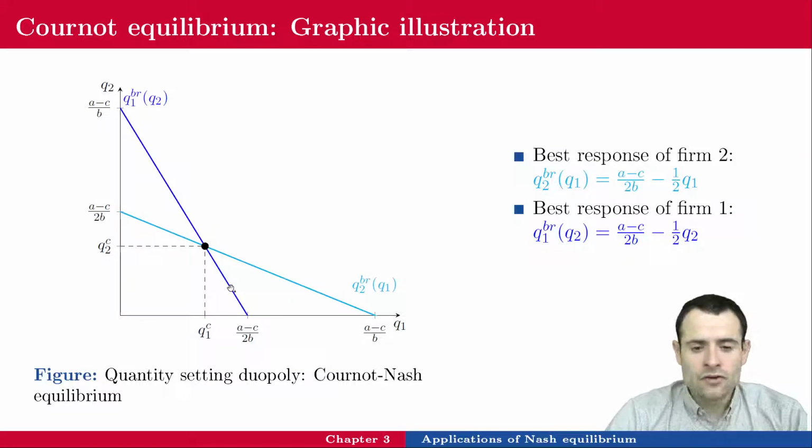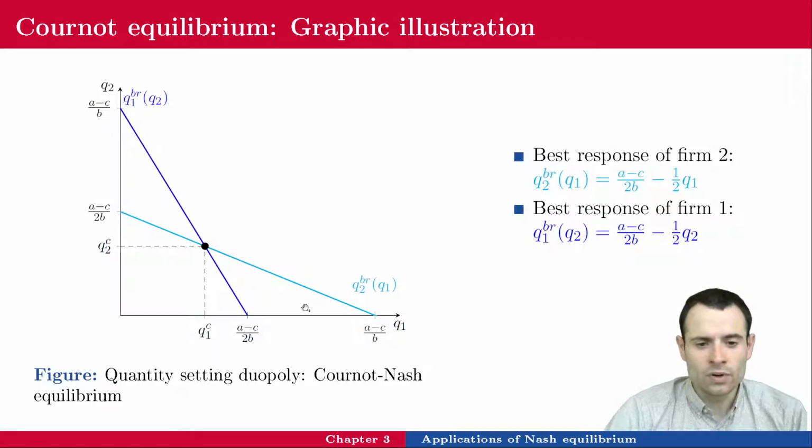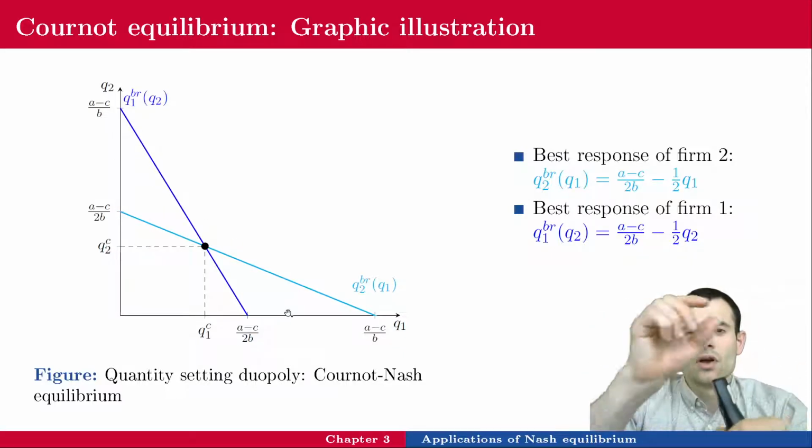Now, if firm 1 chooses this quantity, firm 2's best response is not to charge this quantity, it's going to be to charge this quantity. And in fact, you can do this process at any point, and every time it's going to give you a different point.